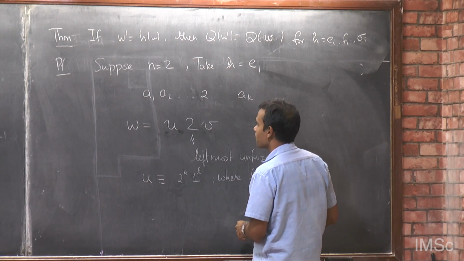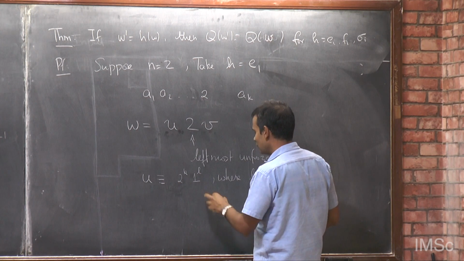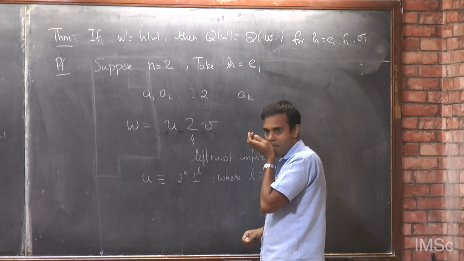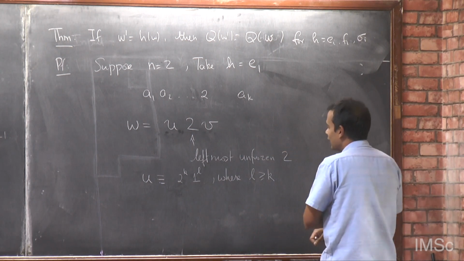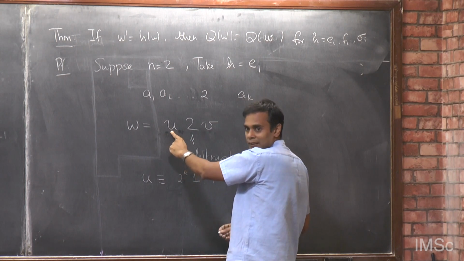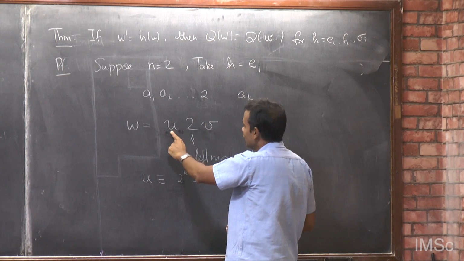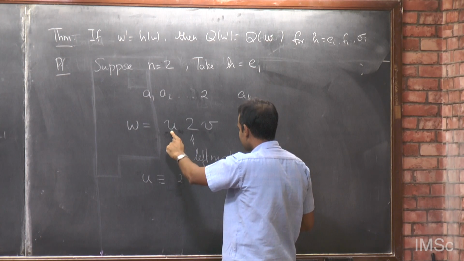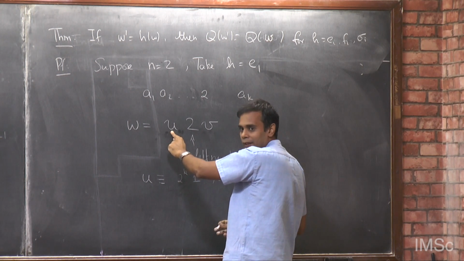Every 2 is followed by a 1, and there are more 1s. So what happens is when you do the insertion here, at every stage, if you have a 2, you will have at least that many 1s, right?